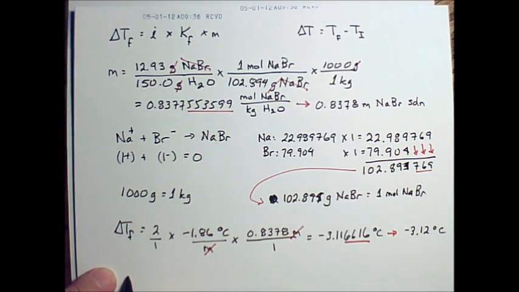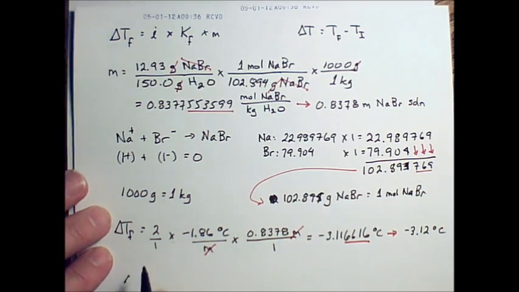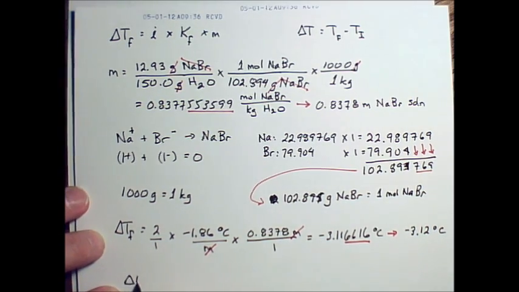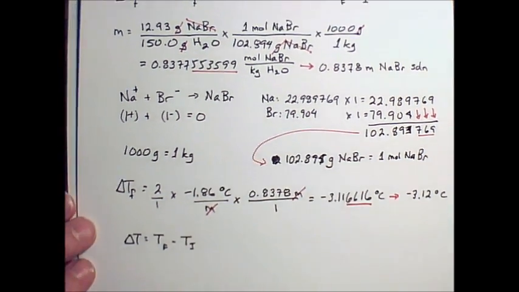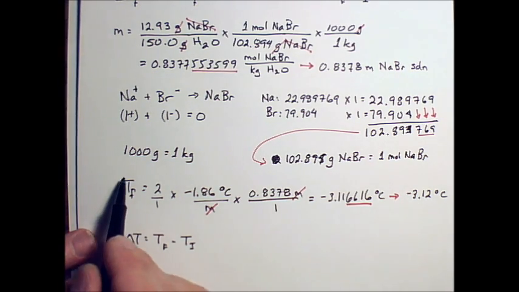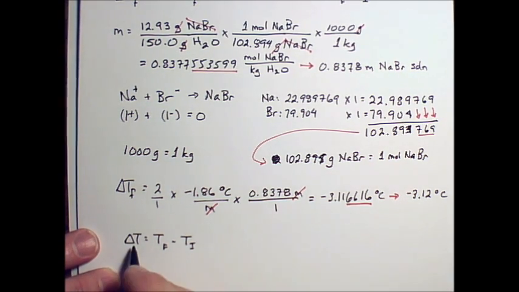This equation is delta T equals temperature final, that's what we're actually looking for, minus temperature initial. The delta T we just calculated, so we can plug in negative 3.12 degrees C for that delta T.